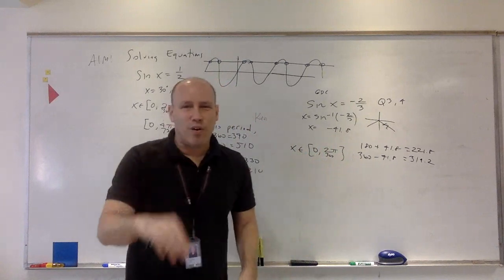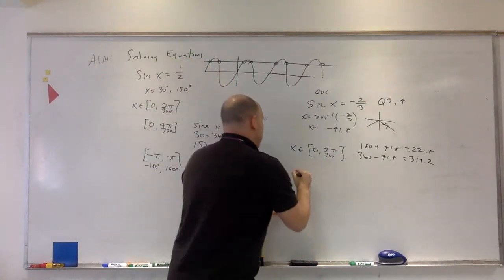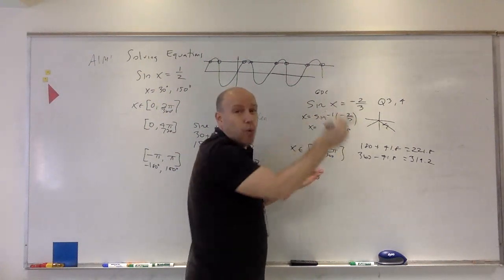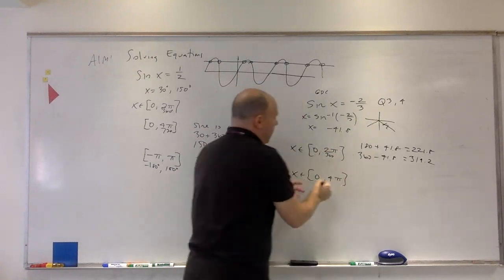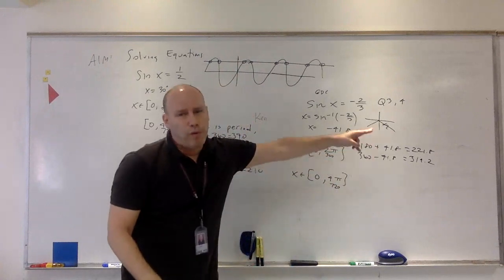But maybe they don't ask for 0 and 2 pi. Maybe they ask for 0 and 4 pi. Maybe they say, no, we want you to go out to 4 pi. So you're like, okay, no big deal. So once again, my upper limit is 720. Throw on 360 to both of these.